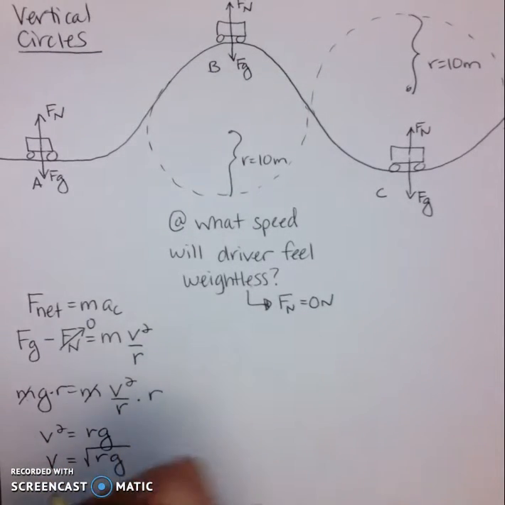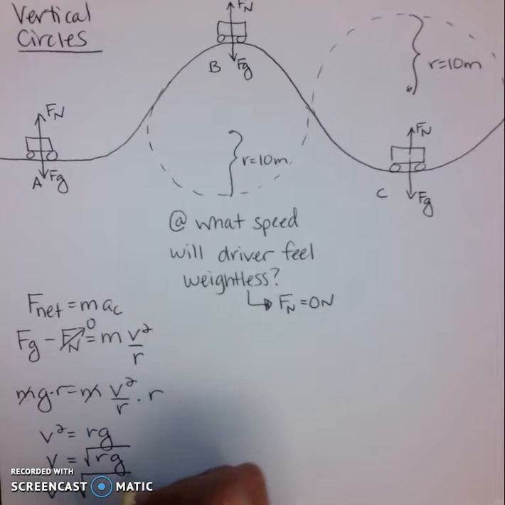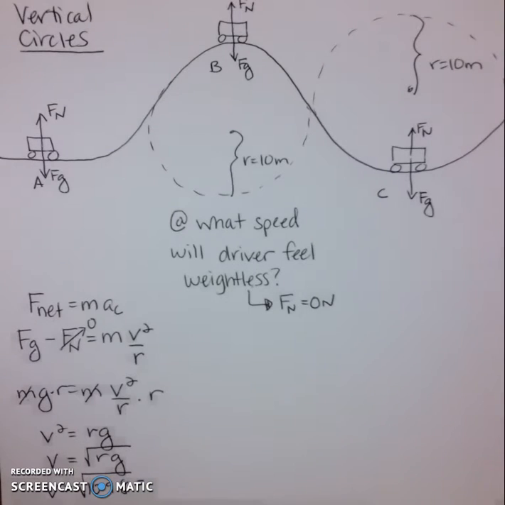So that would give me a speed equal to the square root of 10 times 9.8, which is the square root of 98, which is 9.89 or 9.9 meters per second. Okay? Excellent.